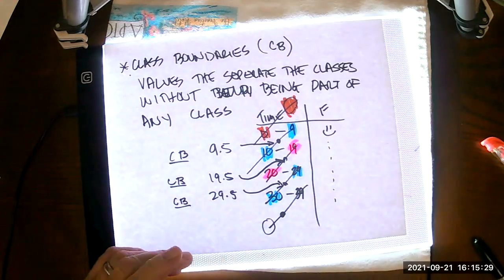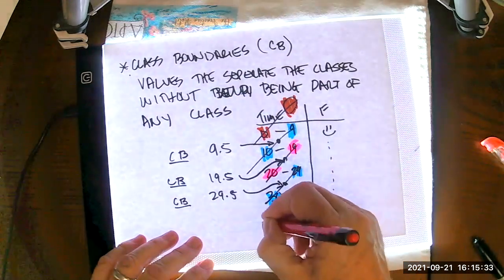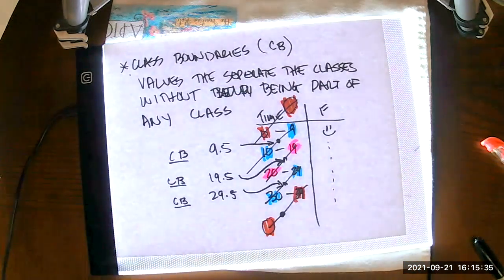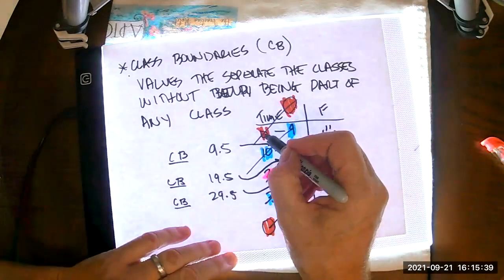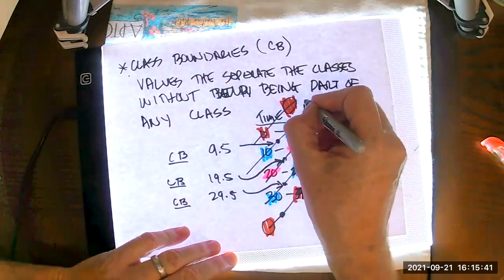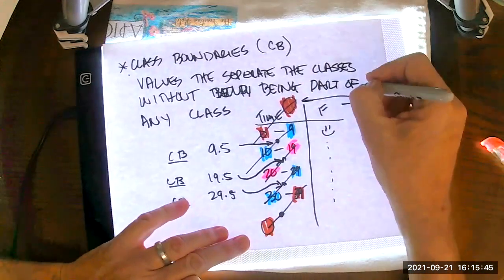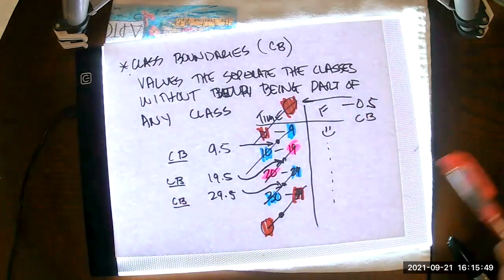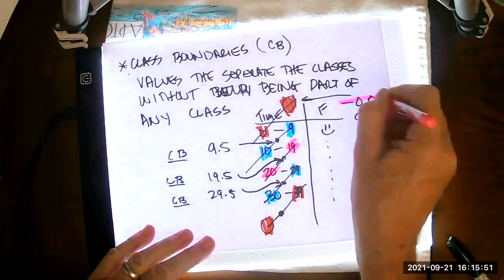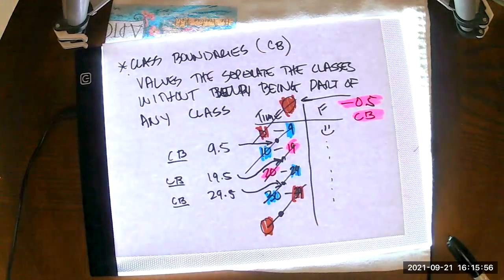You can see that these class boundaries are not even part, per se, of the table. The first class boundary, since we began here at 0, and we've been going by 0.5, is negative 0.5. Notice that negative value there.